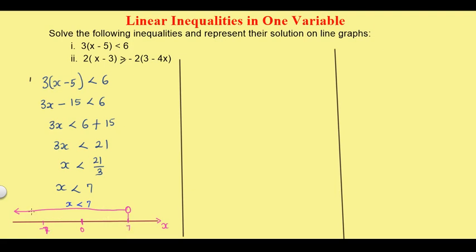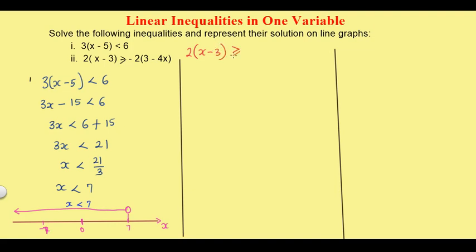The direction of this arrow shows us the direction of those values that can satisfy the statement. Isn't that interesting? Fantastic.